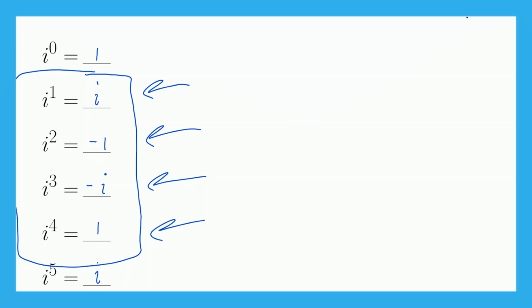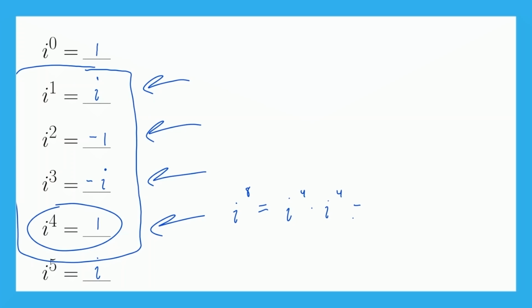Okay, now let's think about i to the power of 4. i to the power of 4 is 1, right? So let's say that we had i to the power of 8. Well, i to the power of 8 is like saying i to the power of 4 times i to the power of 4. Okay, good. So i to the power of 4 is 1, and i to the power of 4 is 1. So 1 times 1 is 1, which means that i to the power of 8 is also 1.